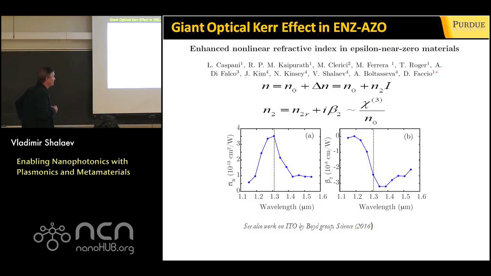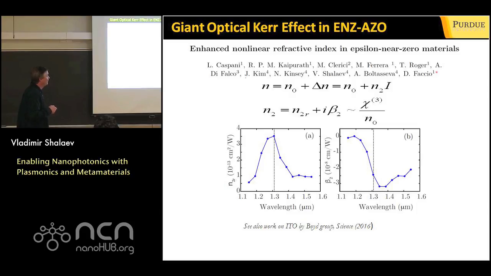I showed this in a couple of slides already, but today I'd like to look into this in a little bit more detail. So, speaking of nonlinearities and switching, this idea that if you work close to the point where epsilon is close to zero seems to be very powerful, because this is a formula from the textbook.